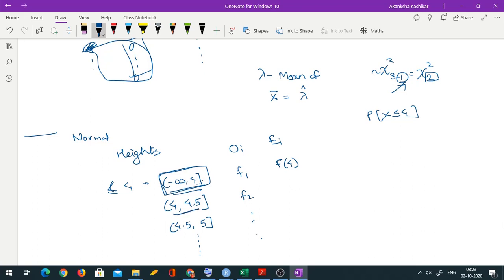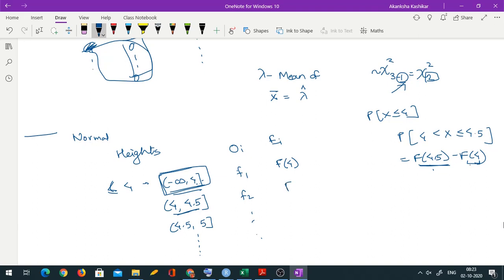For the second class, what I want is the probability of x being between 4 and 4.5. This can be obtained by CDF at 4.5 minus CDF at 4. Because CDF at 4.5 gives the probability of being less than or equal to 4.5, and from that you subtract the probability of being less than or equal to 4. So what you get is the probability of being between 4 and 4.5.